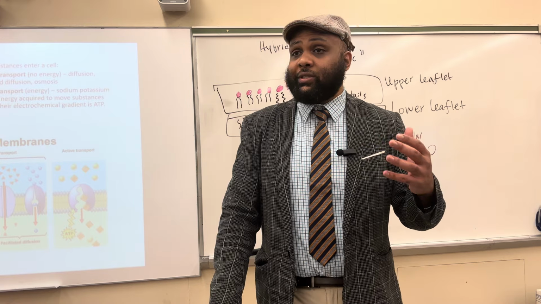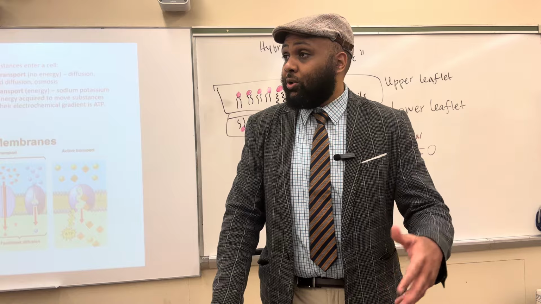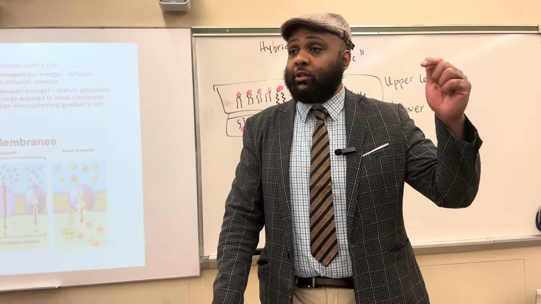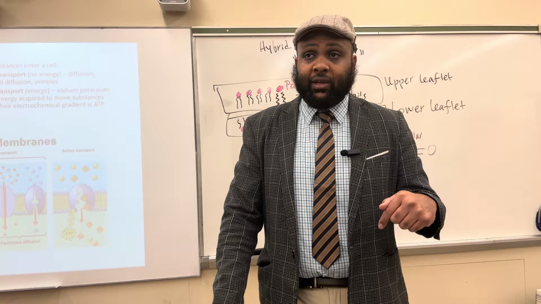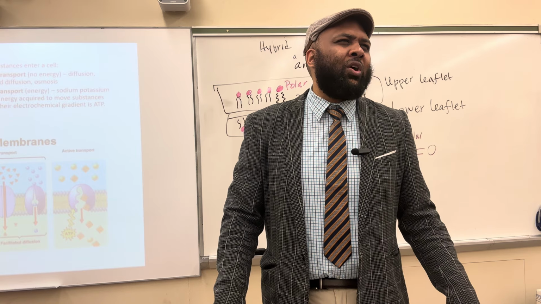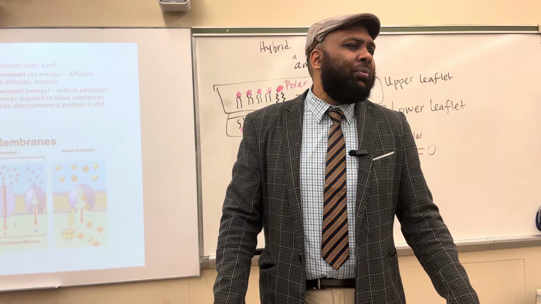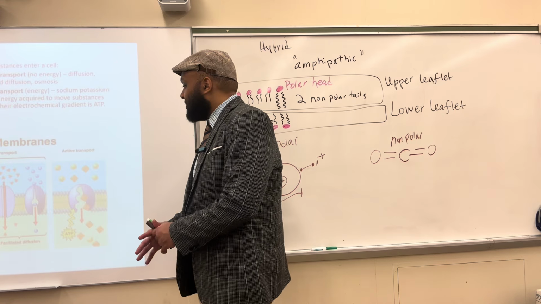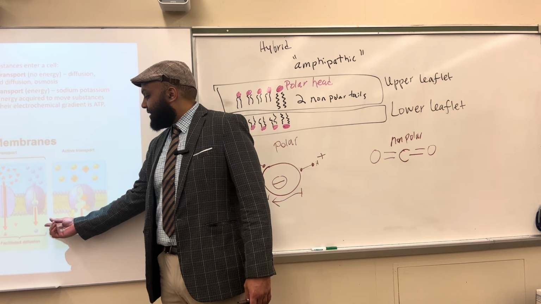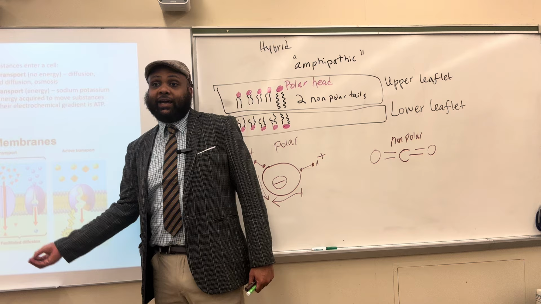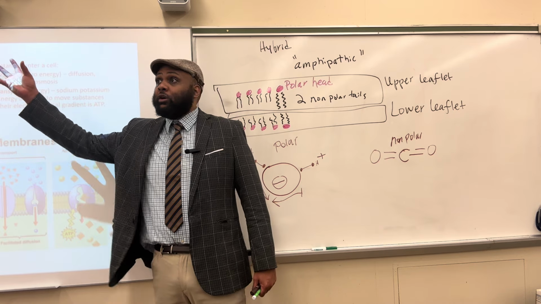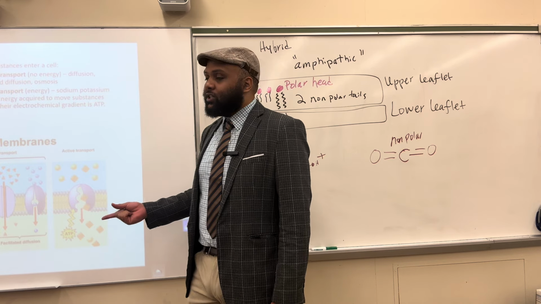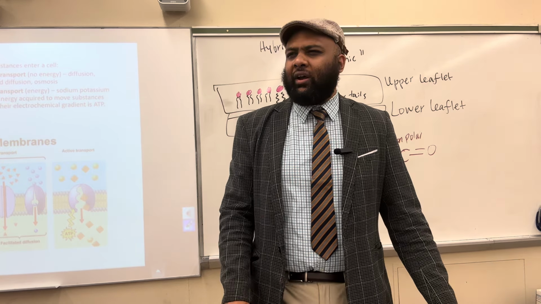If you have so much glucose outside the cell and you have no glucose inside the cell, obviously the diffusion pressure is going to be from the outside towards the inside. But can glucose cross the non-polar leaflet? It doesn't. So it needs this transporter, this facilitator, like an elevator. It literally will grab it and bring it inward. And then the active transport, that one is going to require ATP.